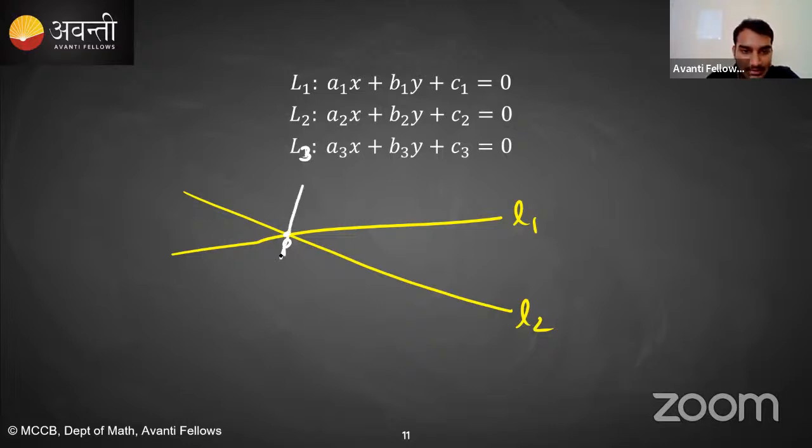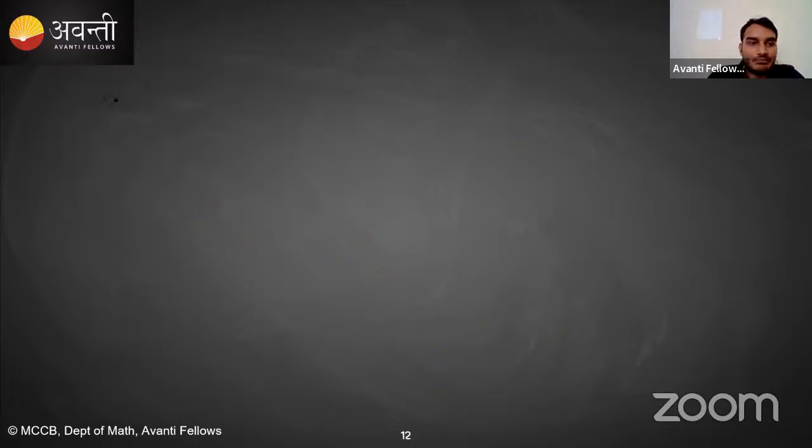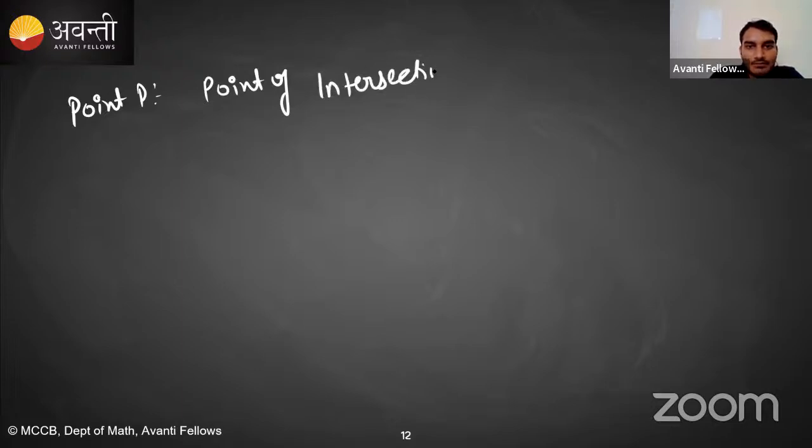So let's say my line L3 is this. So L1, L2, L3 have one common point of intersection, isn't it? So point P is the point of intersection of L1 equal to 0, L2 equal to 0, L3 equal to 0.